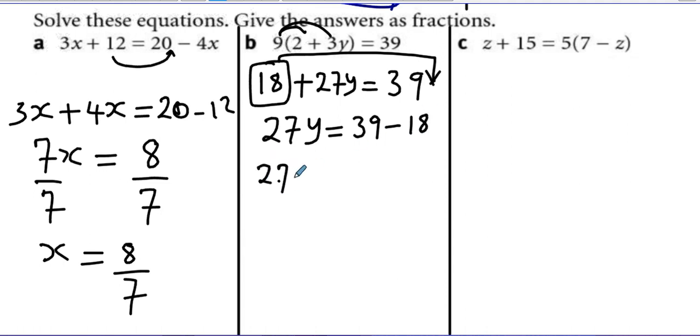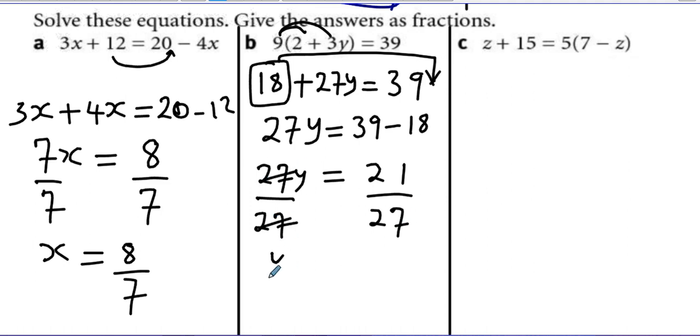So 27y equals 21. To find the value of y, divide by 27, y will be equal to, just simplify this fraction, by 3 this is 7, by 3 this is 9. So the answer will be 7 over 9.